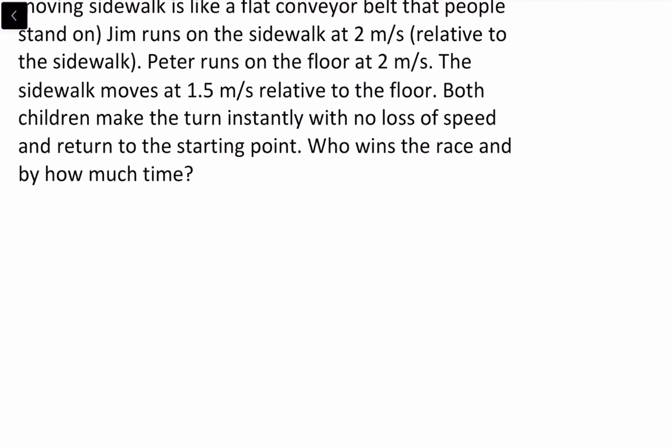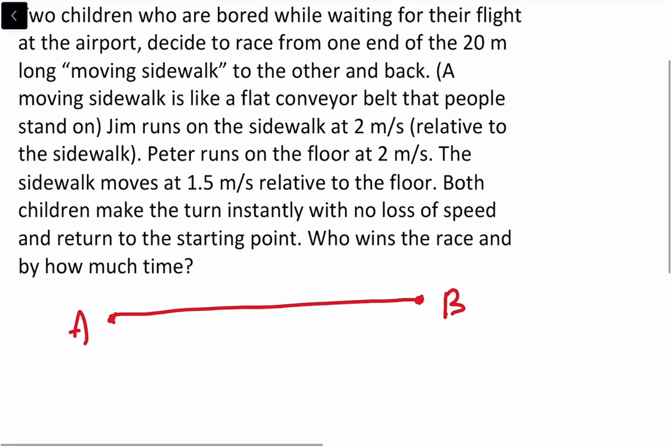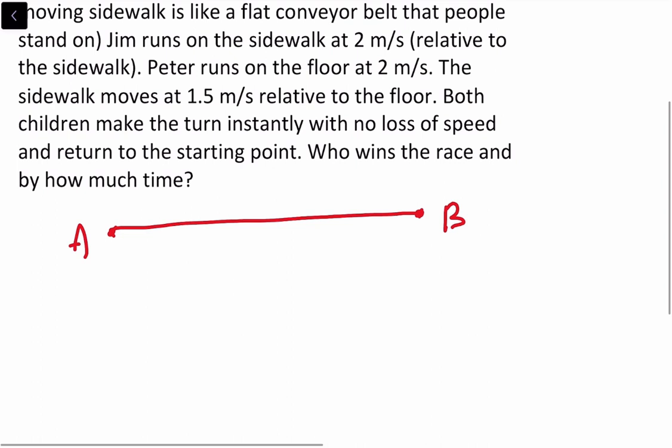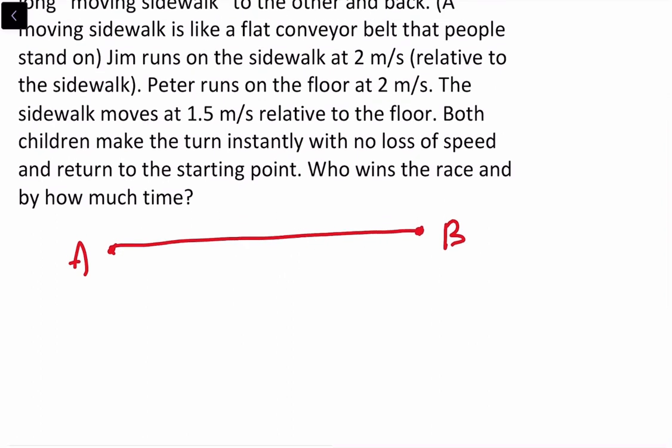So, let us assume that the starting point is A, and they go like this up to this point B. That is the sidewalk. Its length is what they have given in the problem, 20 meters.